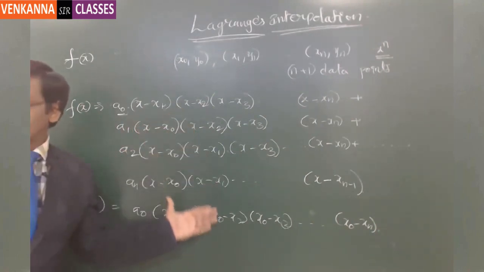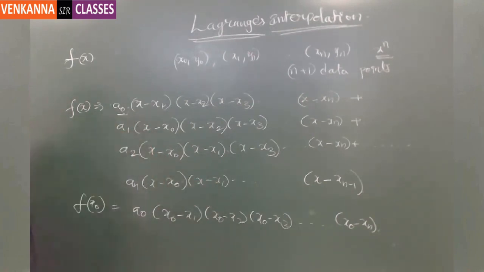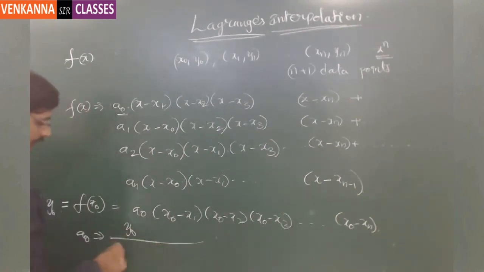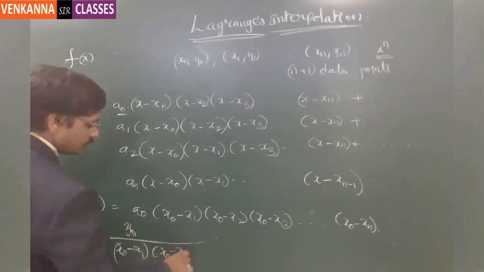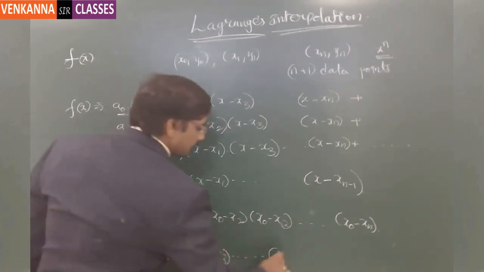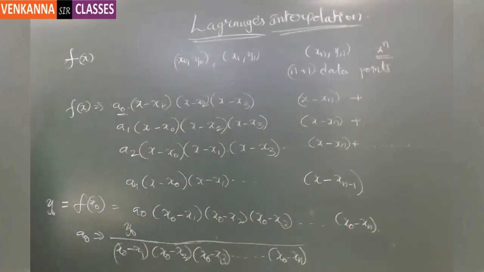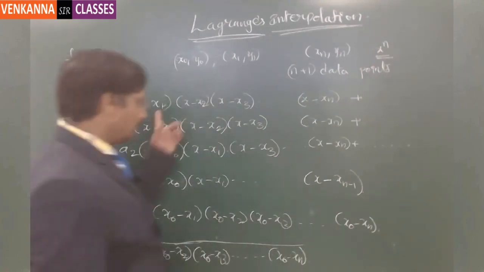So you are left with only a0 for f of x0, which we call y0. From this you can calculate a0 as y0 divided by x0 minus x1 into x0 minus x2 into x0 minus x3 and so on up to x0 minus xn. This is how you calculate the unknown value of a0 from this polynomial.